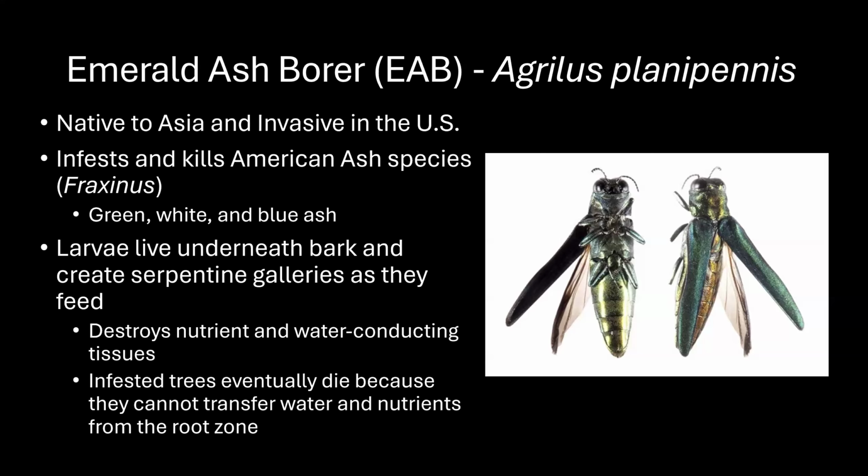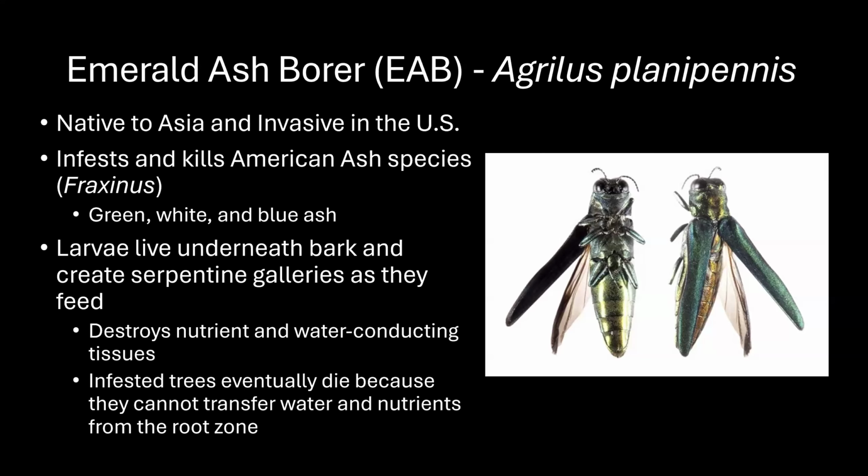Now, I should say, not all ash trees are created equal when it comes to resistance or tolerance, if you will, with this insect. Generally, I'll say white and green ash are more susceptible, and they tend to die at about 7 to 10 years after they are infested with this insect.